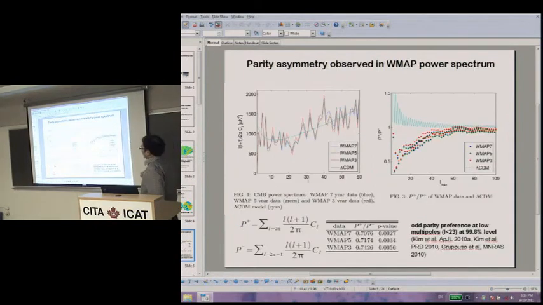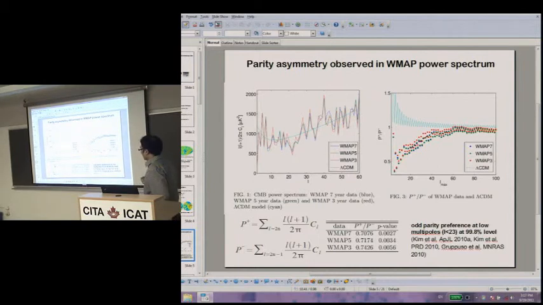So now let us look at the power spectrum of W7 data. Here, these are the data and theory. You may already notice that there's an oscillating pattern up and down, and surprisingly, there's always an excess of power in odd multipoles and a power deficit in even multipoles.